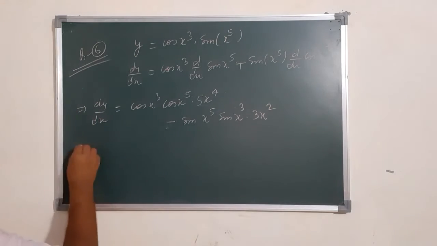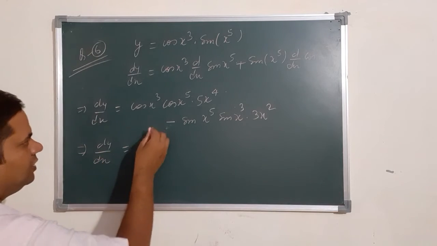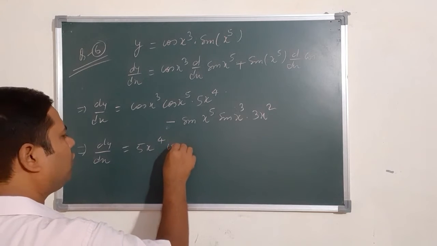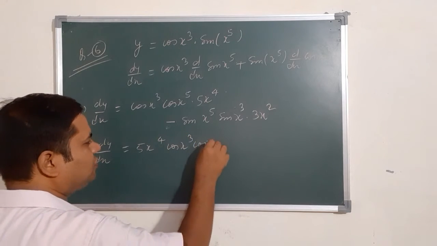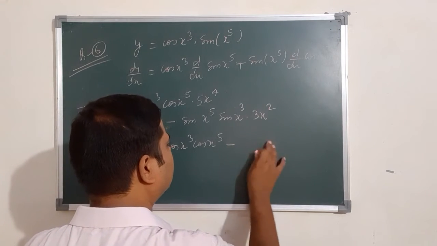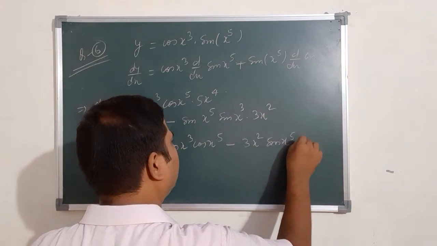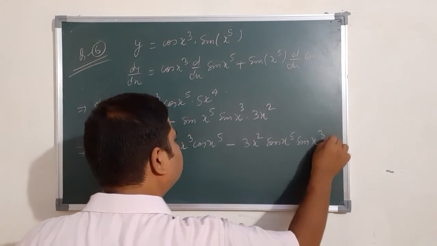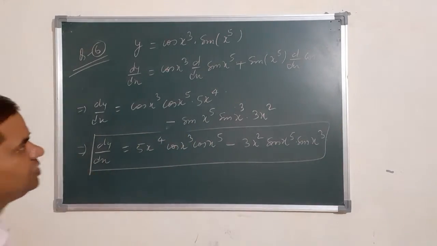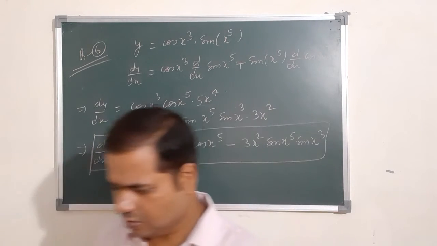So the whole answer is dy by dx equals cos x cube 5x to the power 4 cos x to the power 5 minus sin x to the power 5 3x square sin x cube. So this is the answer, that means differentiation of the above function. So please try to write down.